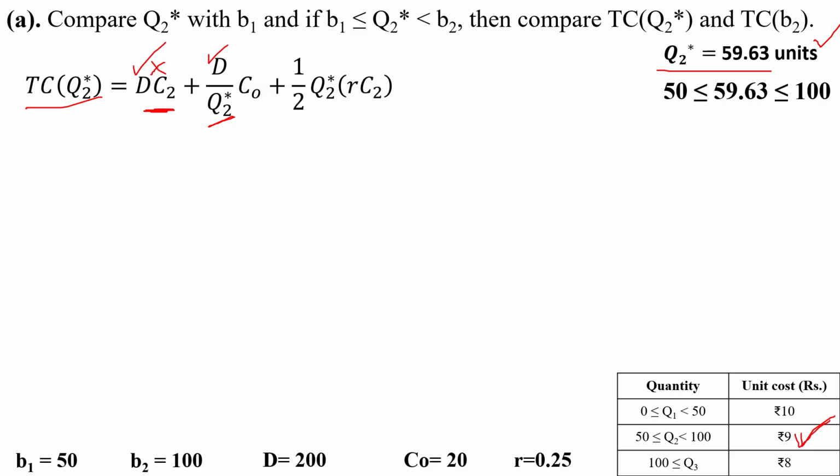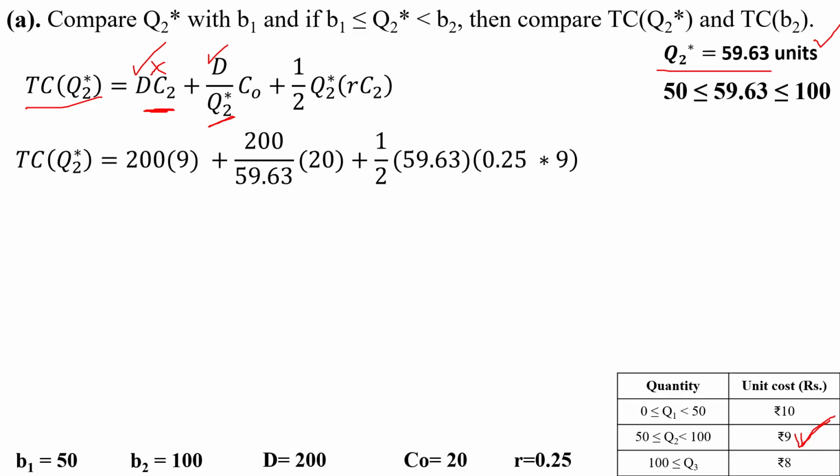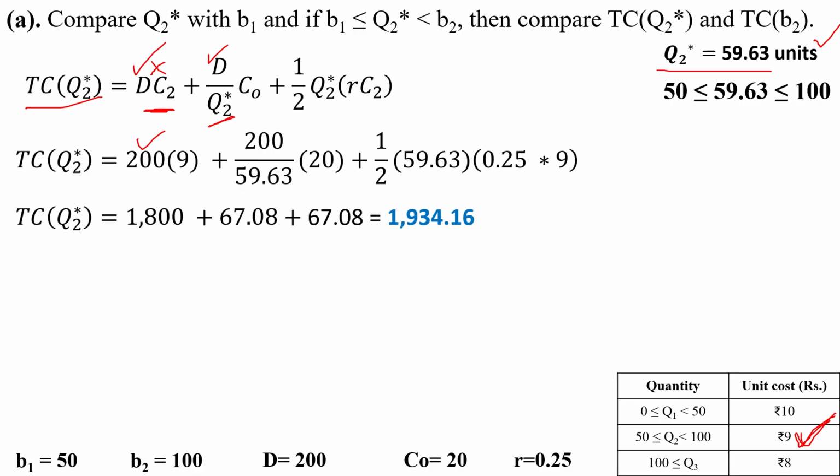Then the total cost for Q2* equals, with D equal to the demand 200 and C2 equal to 9 rupees, 200 times 9 plus 200 divided by 59.63 times C0 of 20 plus 1/2 times Q2* 59.63 times R of 0.25 times C2 of 9. Then we get the total cost for the Q2* quantity, which is equal to 1934.16.